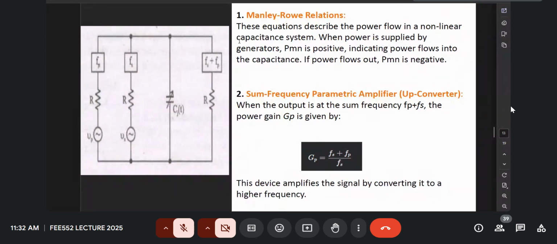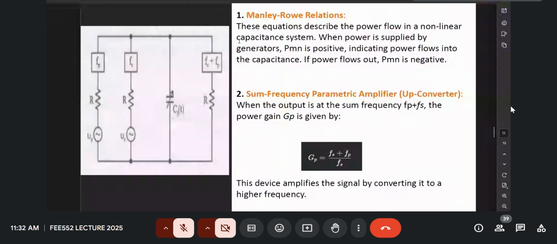So if the power is positive, then we understand that the power is flowing into the capacitance from the pump and from the input signal. If power flows out, then the power is negative.